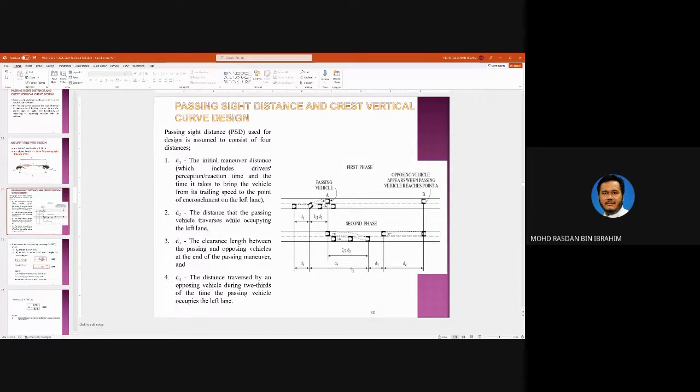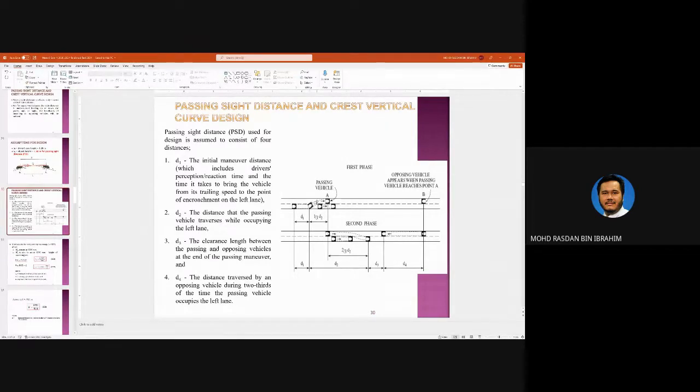This D2 is divided into two parts, 1/3 of D2 and 2/3 of D2. You start to maneuver out, so that is the end of D1.